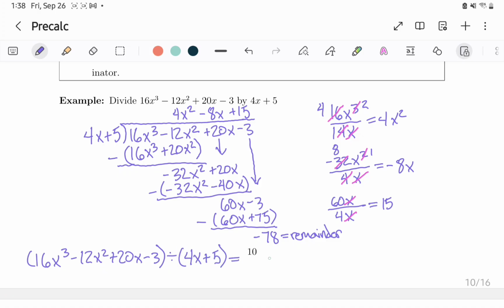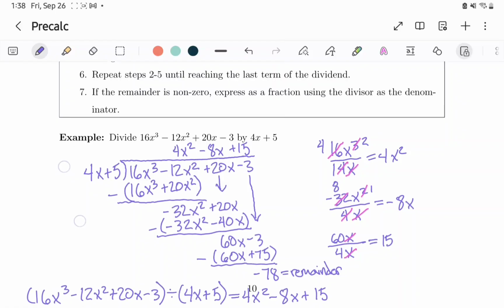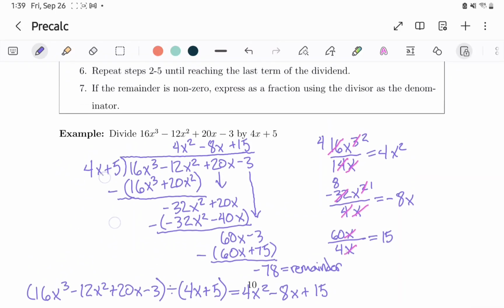And we found that this is equal to 4x squared minus 8x plus 15 with a remainder of minus 78. So we are going to, again, according to the steps, write our remainder as minus 78 over 4x plus 5.